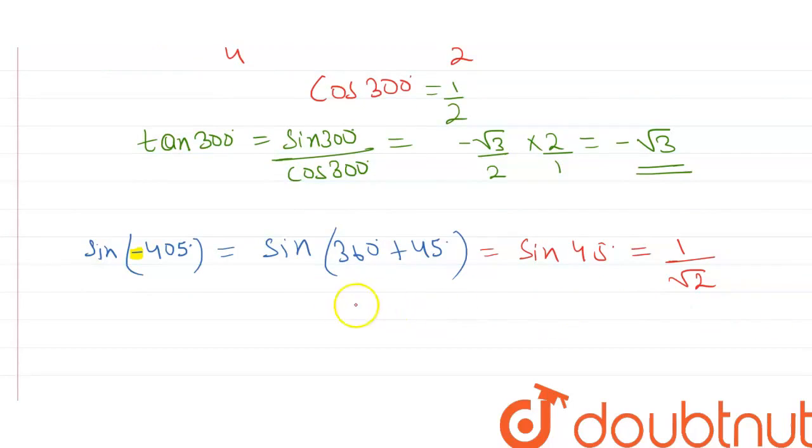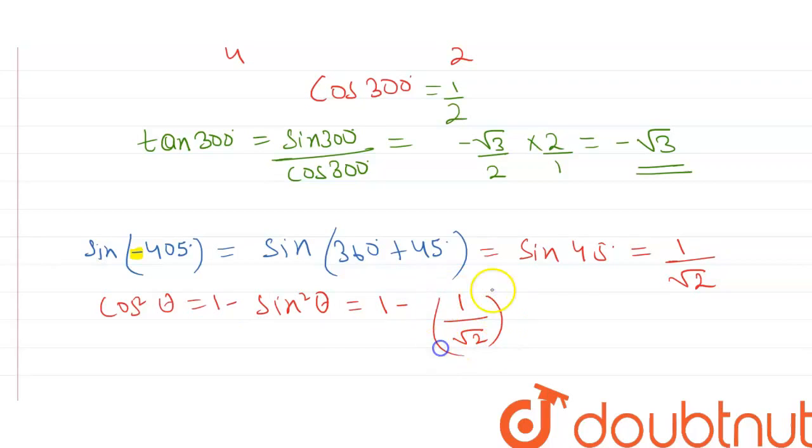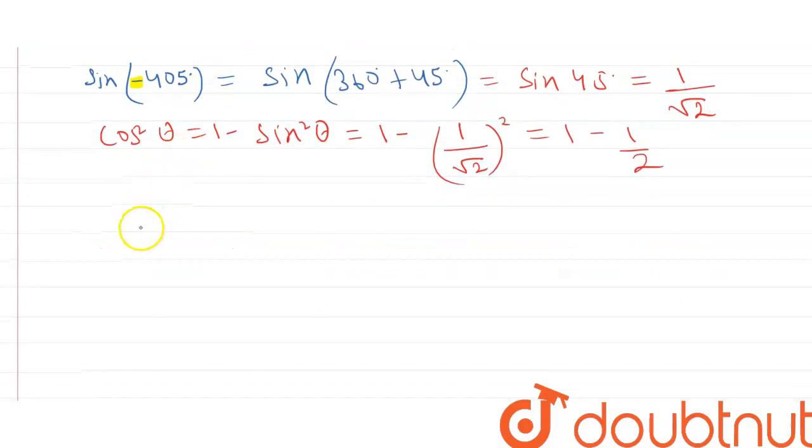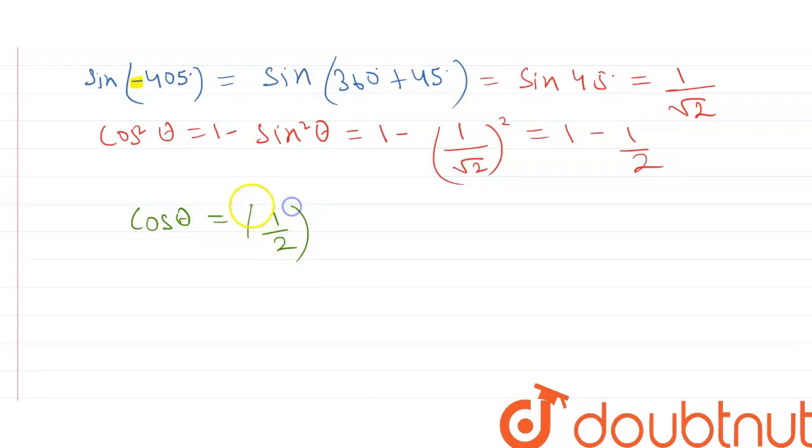Now we have to use this identity: cos square theta is equal to 1 minus sine square theta, is equal to 1 minus 1 upon root 2 whole square, is equal to 1 minus 1 upon 2. Is it clear till now? So we have the value of cos theta as 1 upon 2 raised to the power 1 by 2.